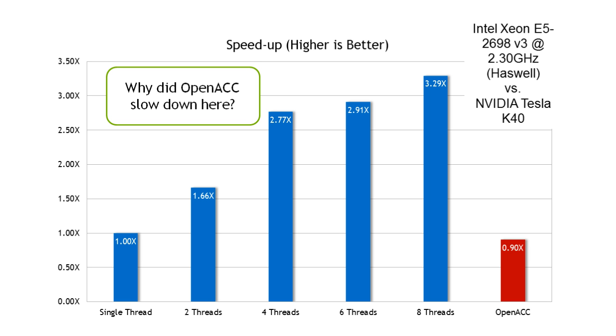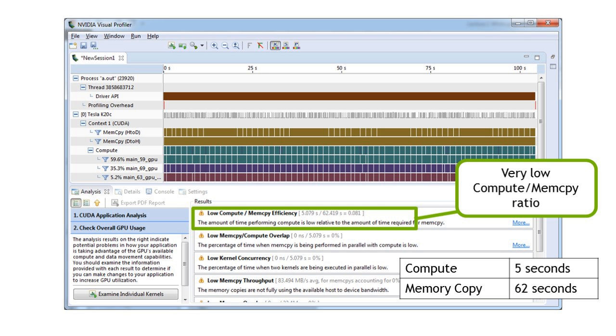So what happened here? I kind of already spilled the beans a little bit, but it turns out that by default, I'm going to get way too much data movement between the CPU and the GPU. One of the ways I can tell that is using a tool like the NVIDIA Visual Profiler. I'll show you more about how to use this in a future week, but jumping straight to the punchline, if I run through the Visual Profiler, it's going to tell me that I have a low compute to memory copy ratio.